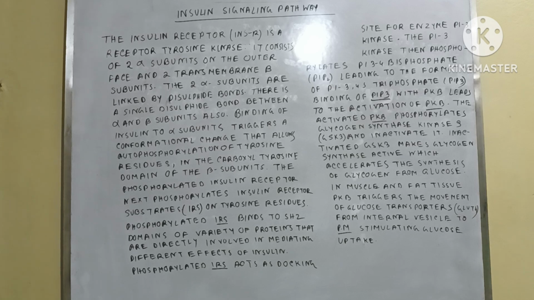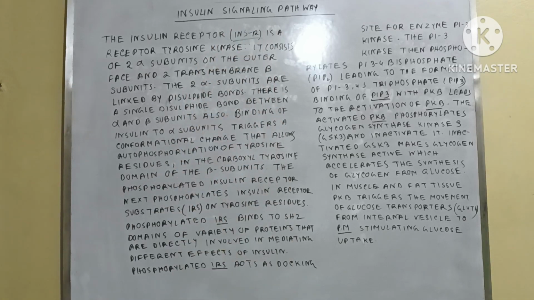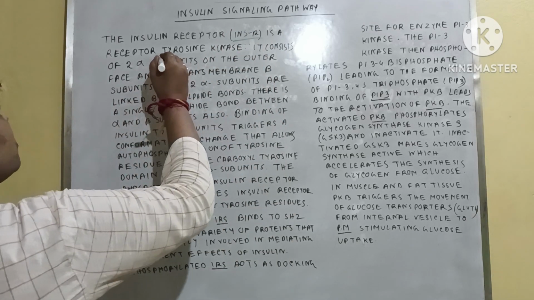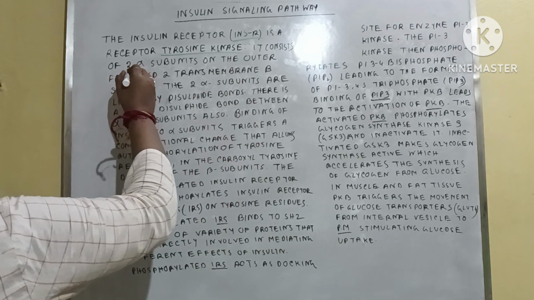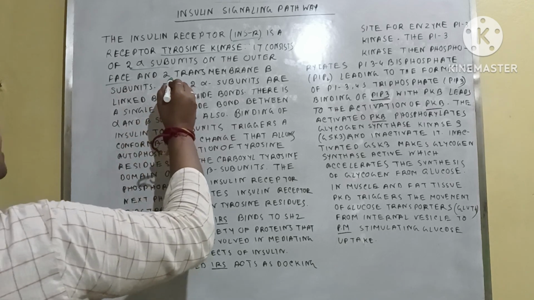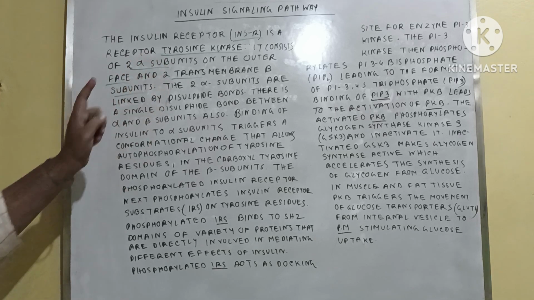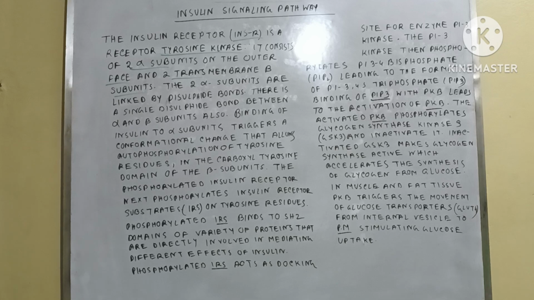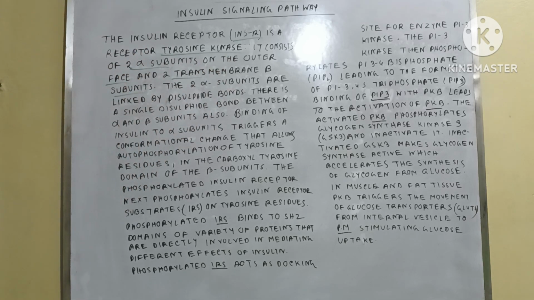Here the insulin receptor is called the INSR. This insulin receptor is a receptor tyrosine kinase, and it consists of two alpha subunits on the outer surface and two transmembrane beta subunits. The alpha subunits are present on the outer face.